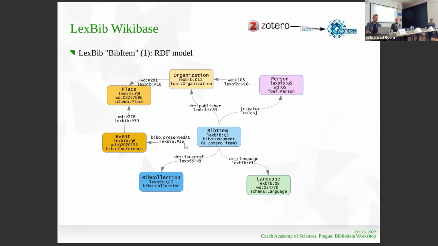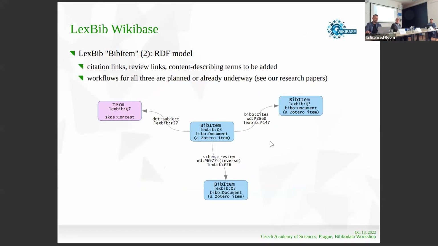The event also has a place. Bibliographical items may be part of a collection, and they have a publication language. So this is the basic model, and then we are populating this with the Zotero data. And we are also technically prepared for defining citation and review links. Now, this goes from one bib item to another one.